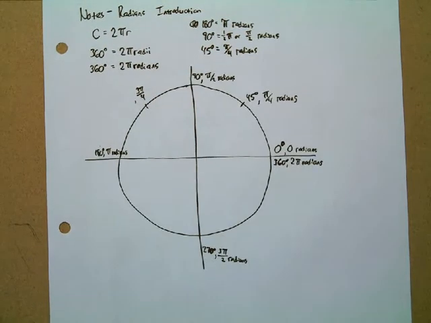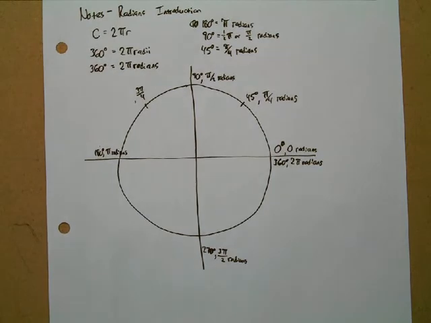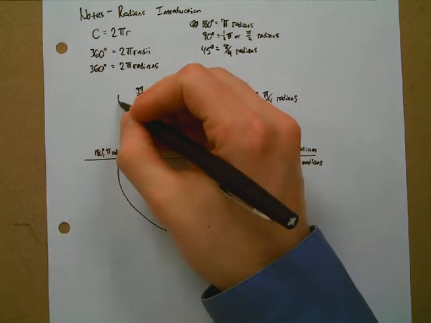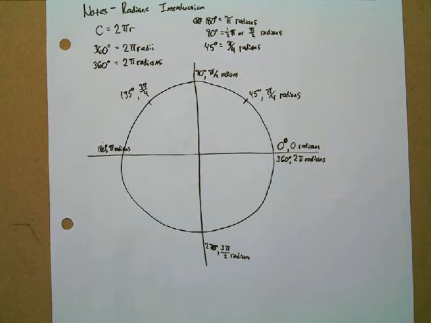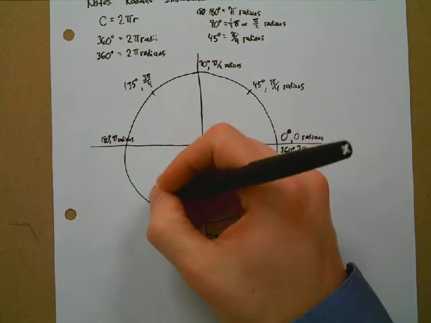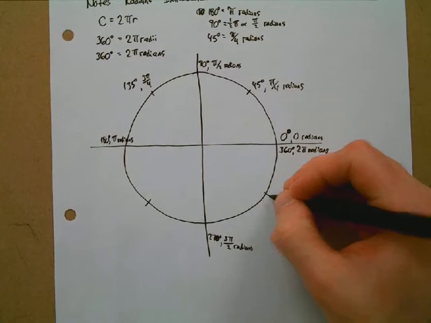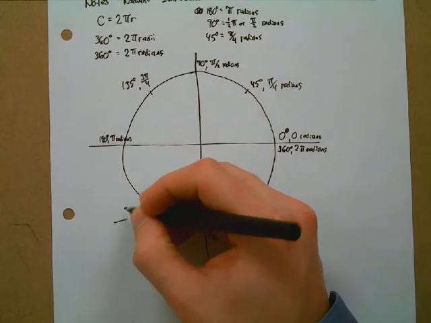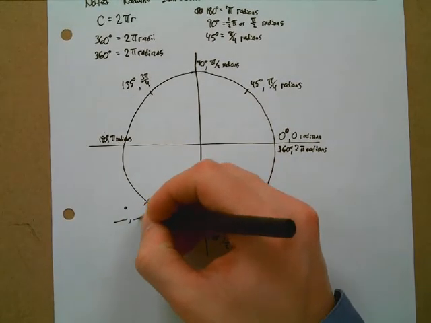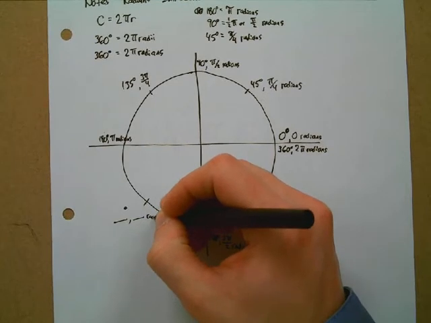Why don't you guys go ahead and try to come up with what angle would go here and here, again the halfway points. What will be the degree measure? What will be the radian measure there? Use your understanding of fractions. How many degrees and how many radians, and the same thing here.